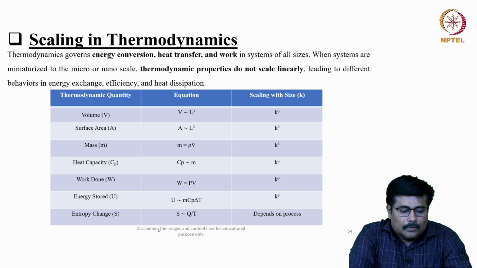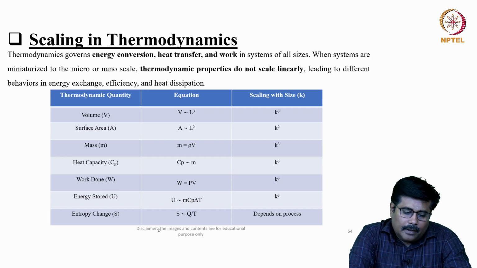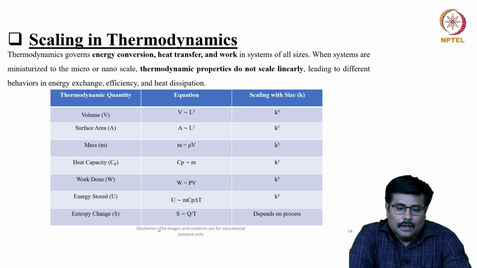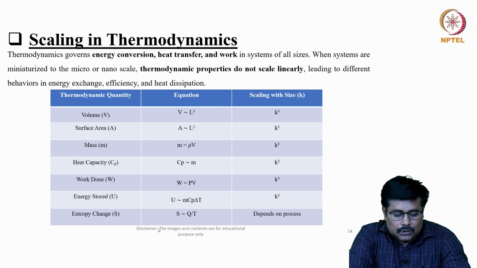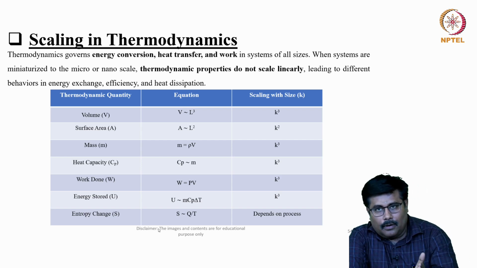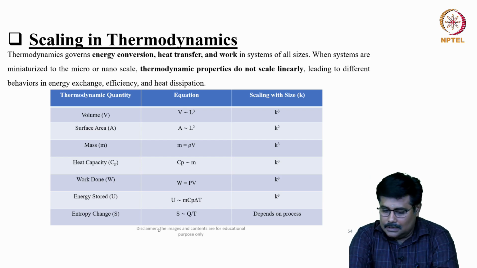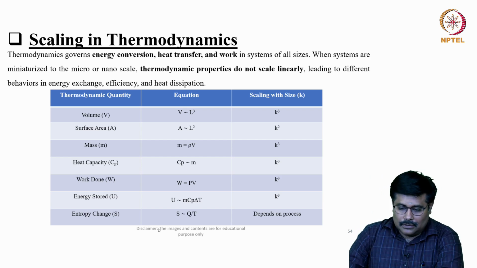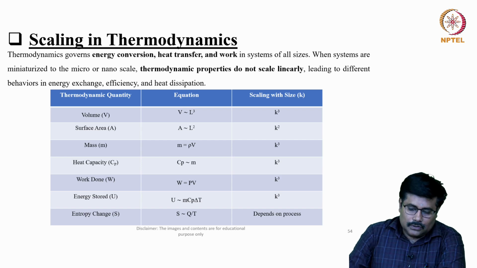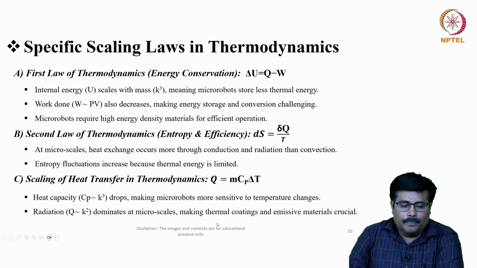These quantities include volume, surface area, mass, the heat capacity represented as Cp, the work done W, the energy storage U and the entropy change. Appropriate equations are integrated here, and the scaling in size is represented with reference to the different parameters. Ideally it depends upon the process.